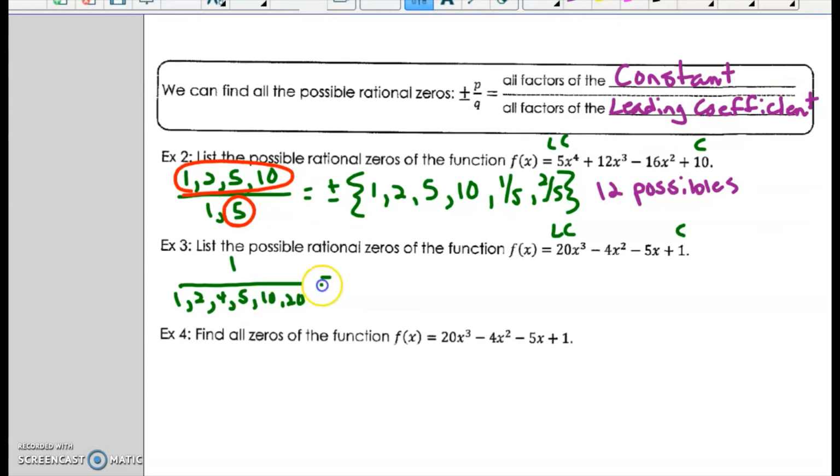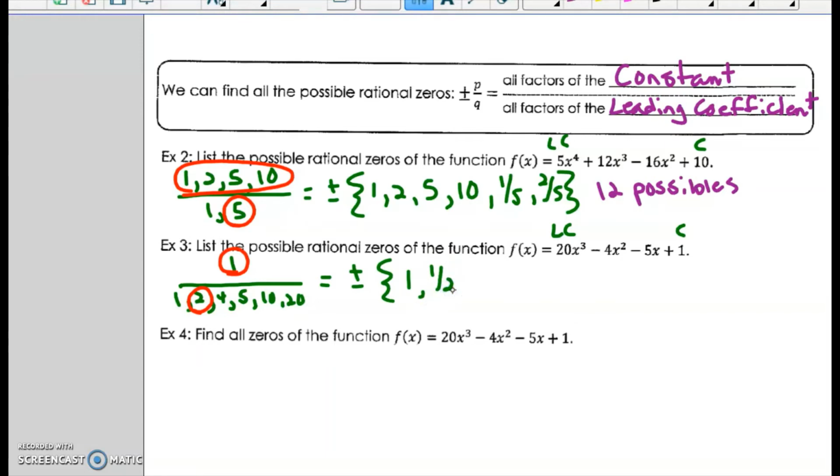Doing the possible rational roots is dividing the top number by the bottom number. So 1 divided by 1 is 1. And we get to move on, because that's the only top number. So then it's 1 divided by 2, which is a half.